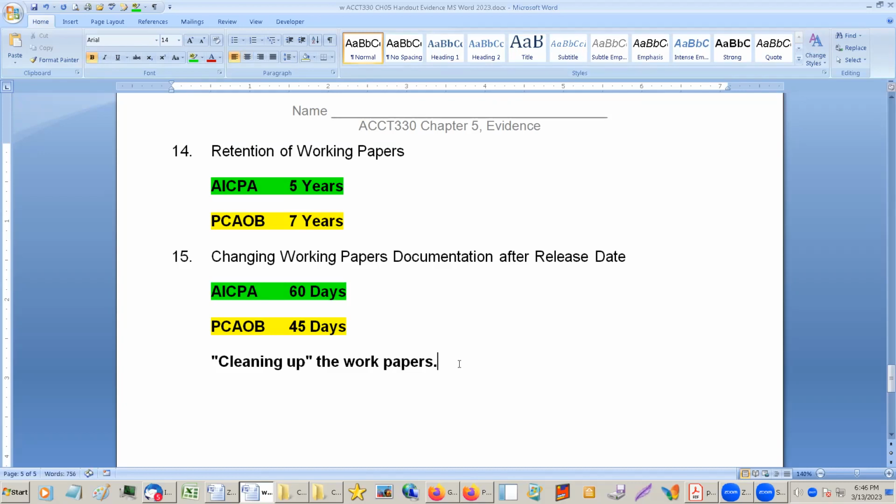So cleaning up the work papers is sort of getting your ducks in a row for the work papers. After 60 days, you cannot remove anything from the work papers according to the AICPA. After 45 days from the PCAOB. For 45 days, you cannot remove anything from the working papers. You can always add things to the work papers.